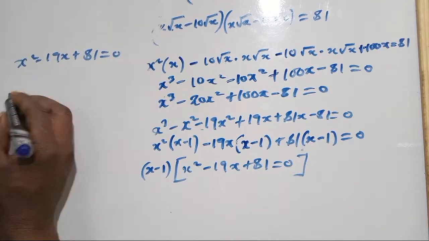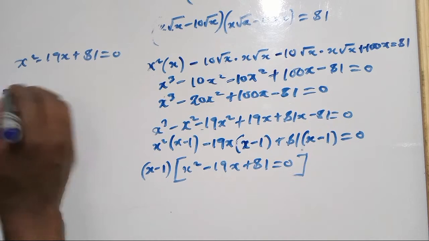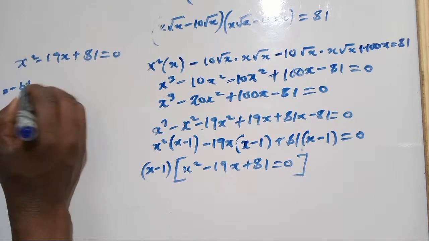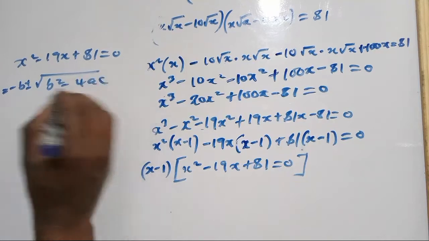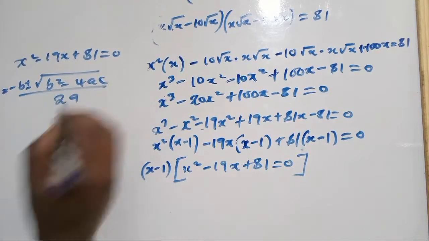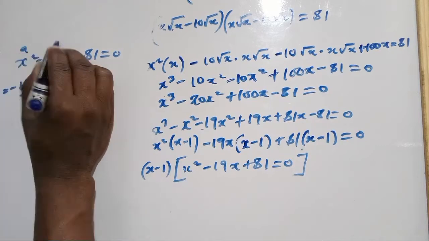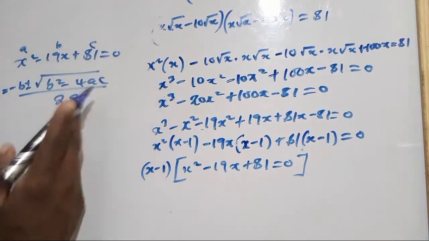In which it will be x equals minus b plus or minus the root of b squared minus 4ac over 2a, right? Then this is our a, b, c. So we can substitute now.